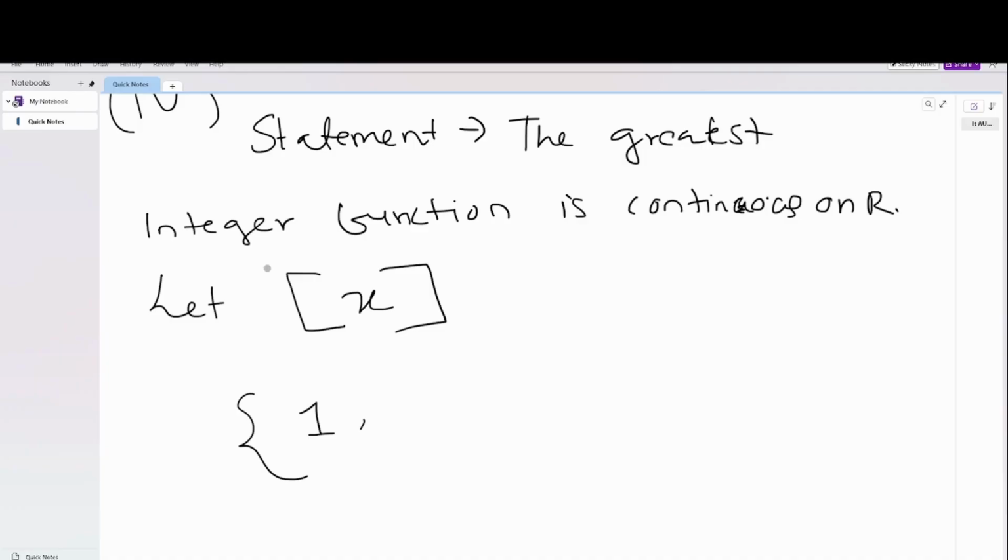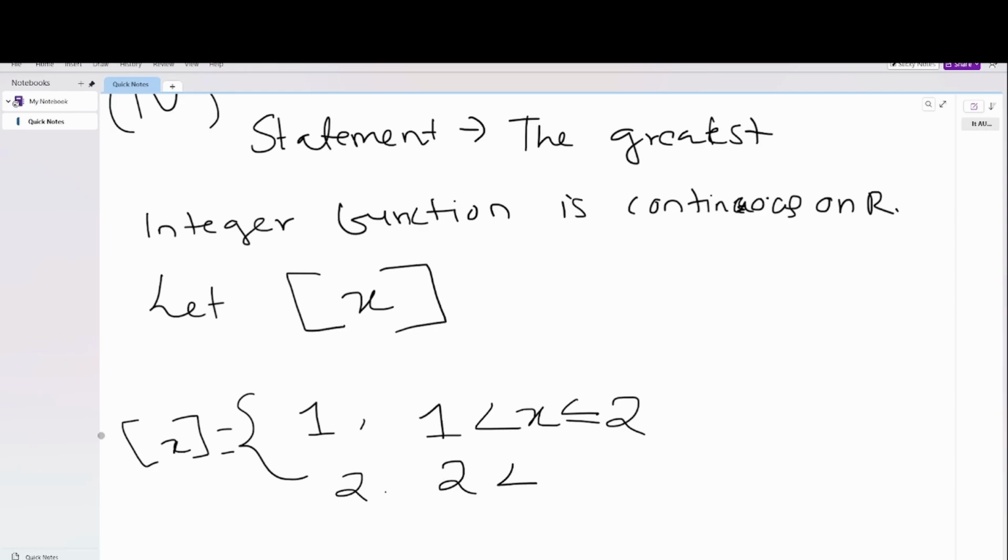Then box x is equal to 1 will be the value for x when x is greater than or equal to 1 and less than 2, and 2 will be the value when x is greater than or equal to 2 and less than 3.